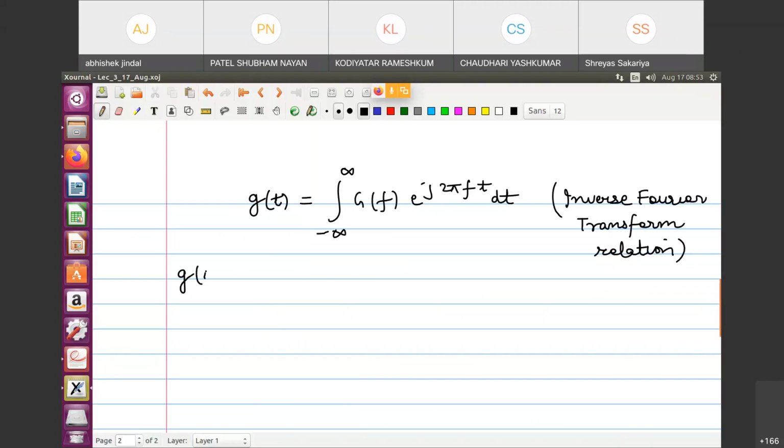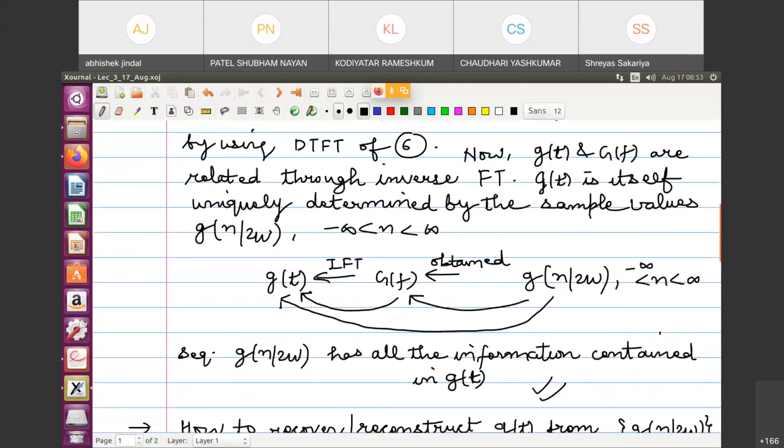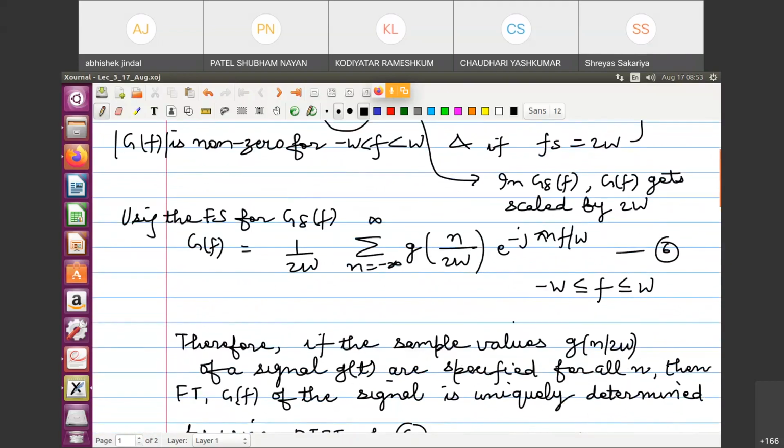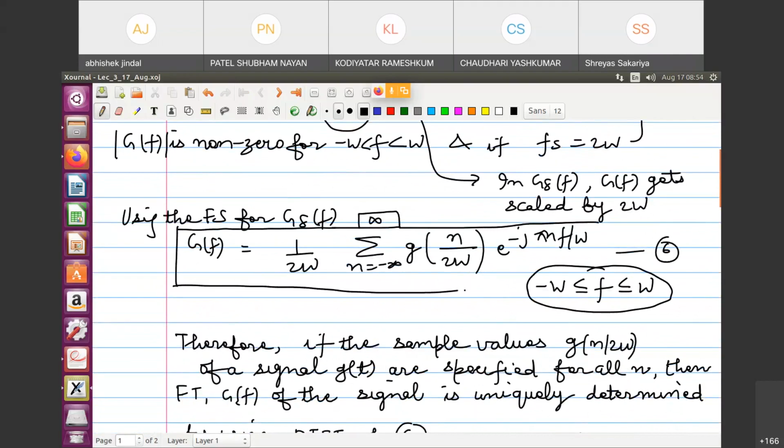Now I can write g(t) like this: the integral from minus W to W of (1/2W). The reason being that G(f) was band limited, so G(f) exists only from minus W to W, and over this range I can express G(f) as this. It is important to say that for this range I can very well write G(f) like this.